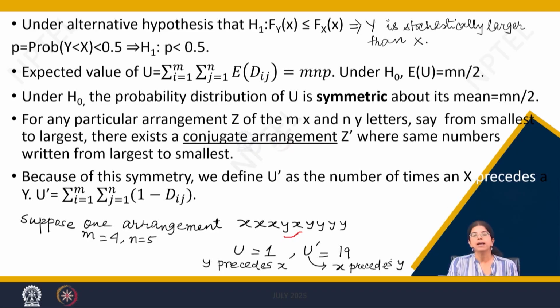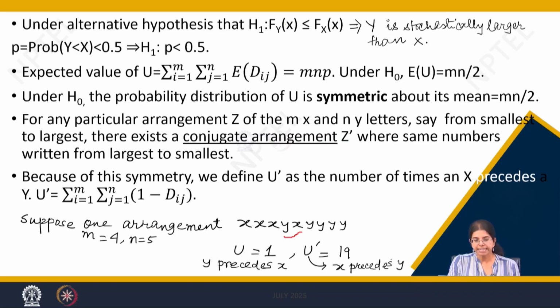On the contrary, for U equal to 1, what will be your conjugate value? That is, how many x precede y? How many x's come before y? Now, just calculate. Take the first x. This x is less than the first y, so assign 1.